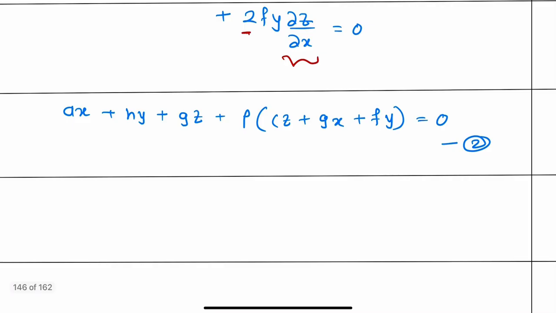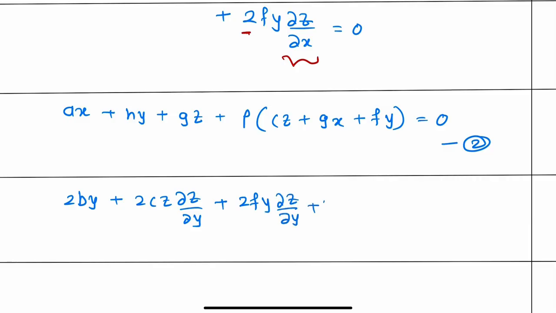We get 2by plus 2cz into dou z by dou y, plus 2fy into dou z by dou y, plus 2fz, plus 2gx into dou z by dou y, plus 2hx equals 0.